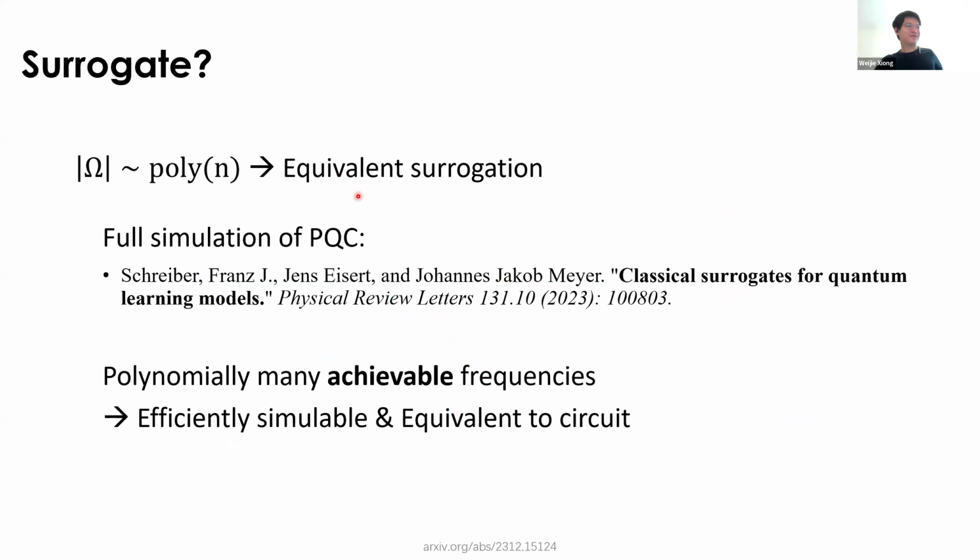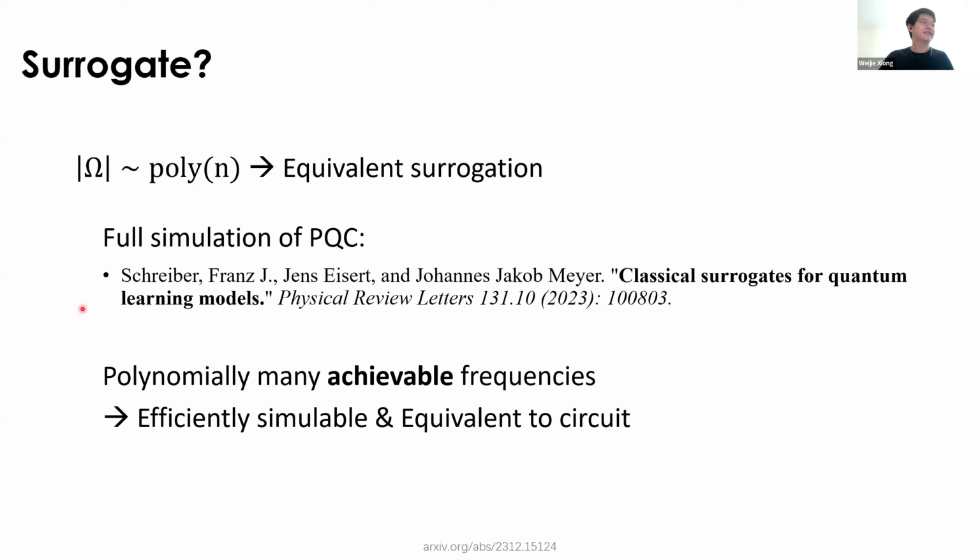As I mentioned earlier, the Fourier spectrum of a target is related to the number of achievable frequencies. In general, there are two classes of algorithms for surrogation.